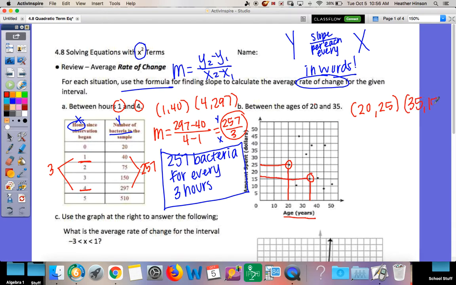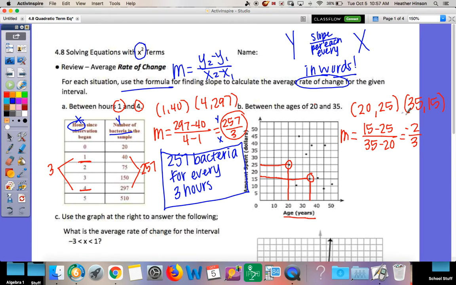So 35, 15. Then I can plug that in. 15 minus 25 over 35 minus 20. And when I simplify that, it's going to give me negative 2 over 3.